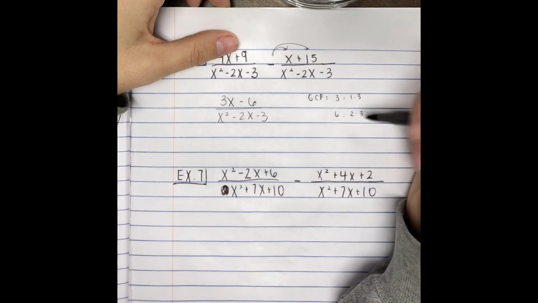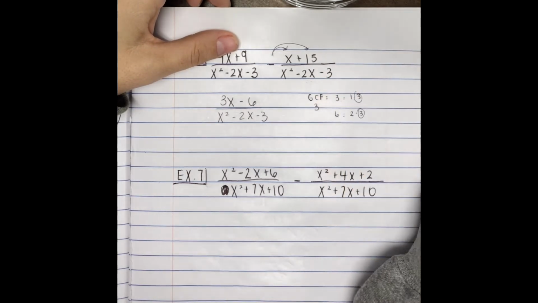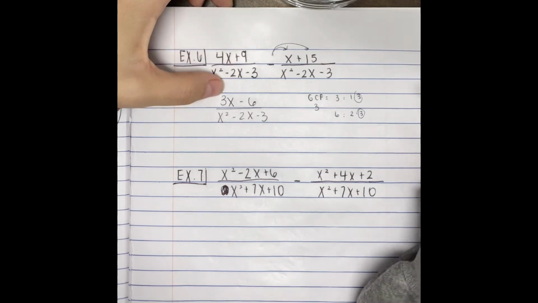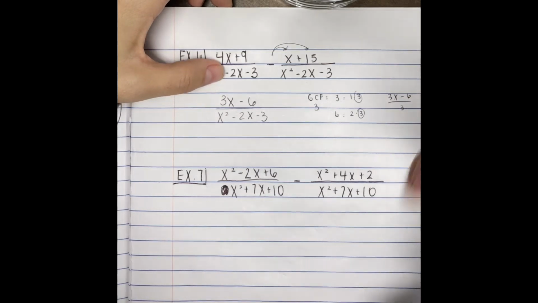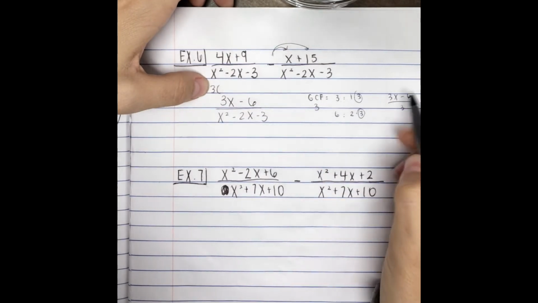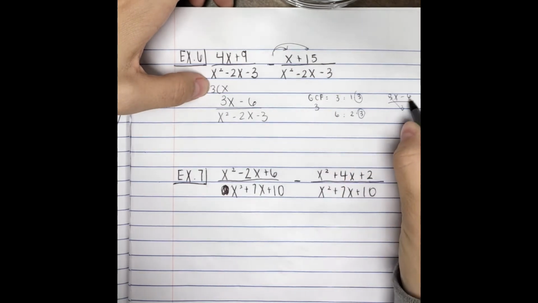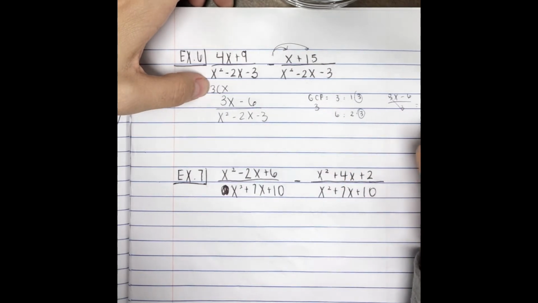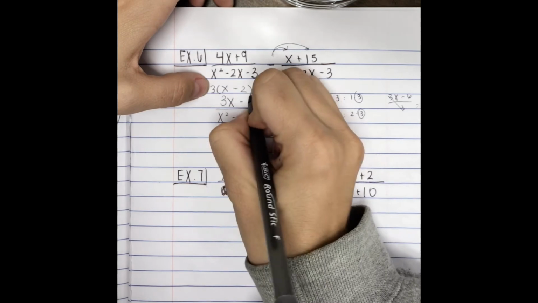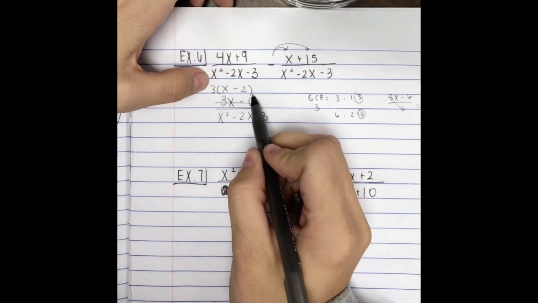Well, 2 times 3 gives you 6, so they're going to have a GCF of 3. Okay, so if I take 3x minus 6 and I factor out a 3, then I would have my GCF up front. 3x divided by 3 would just leave me an x. And then a negative 6 divided by 3 would be a negative 2. So I've rewritten this factor to be 3 times x minus 2.